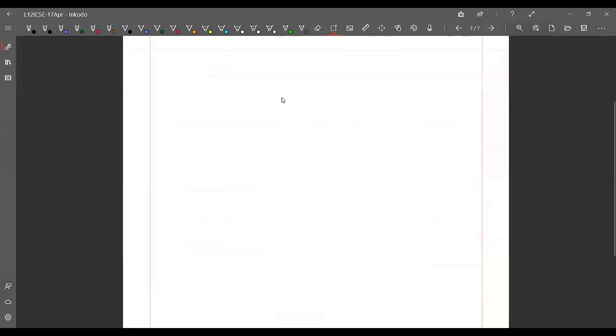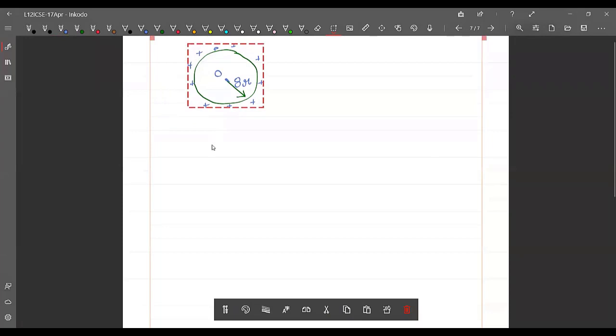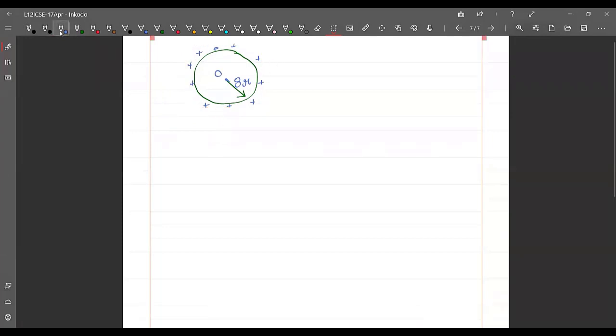Suppose this droplet is divided into half. This is made into two drops. Two drops of equal volumes, or two drops having equal radius.